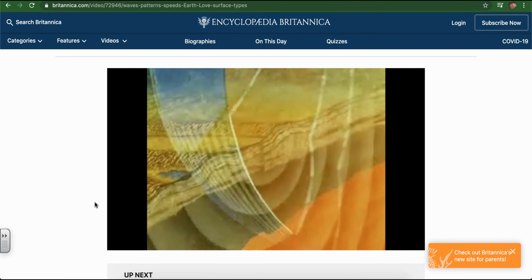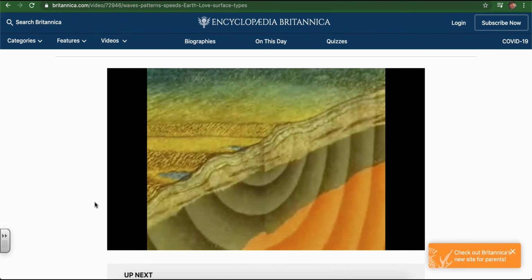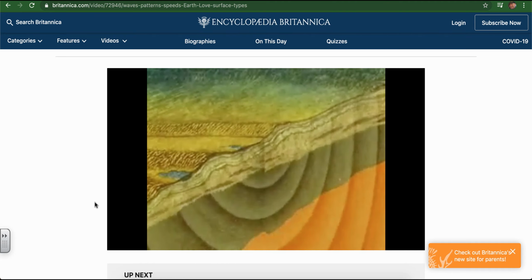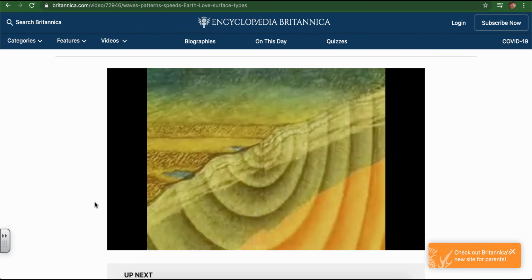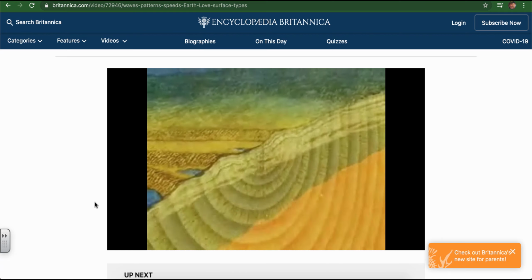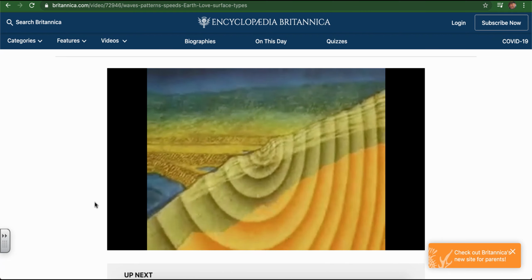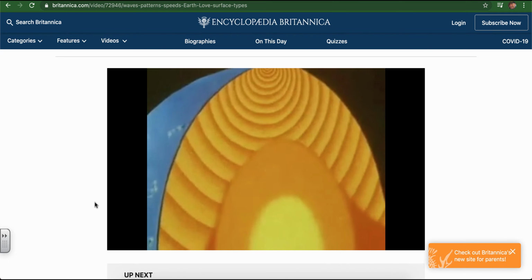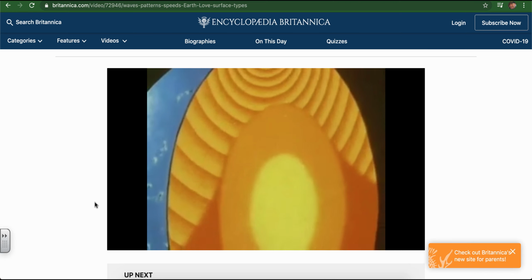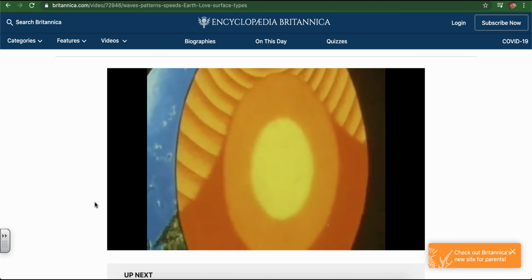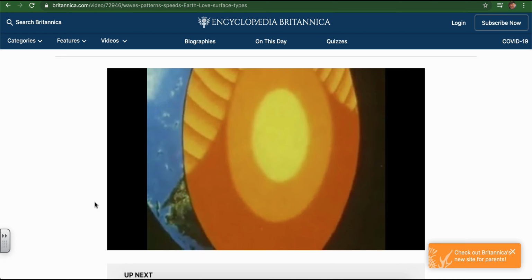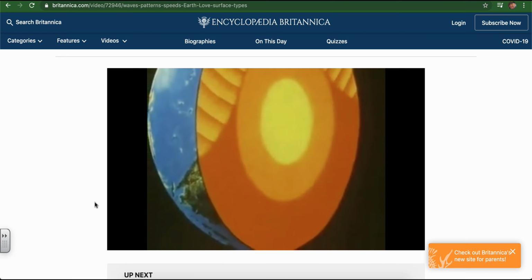The slowest body waves are secondary, or S waves. S waves are elastic shear waves that move material sideways at right angles to their direction of travel. Because secondary waves travel only through solids, they do not penetrate the Earth's outer molten core. For this reason, there is also an S-wave shadow zone.